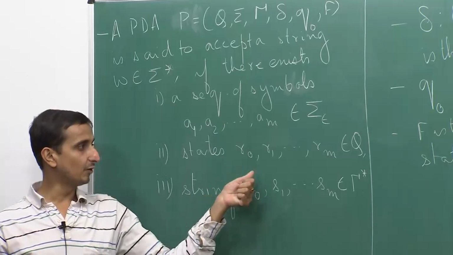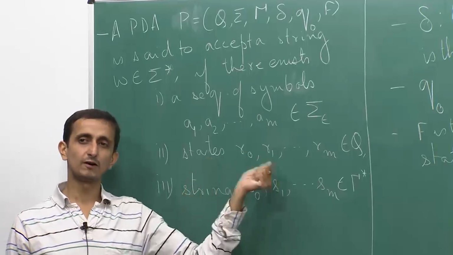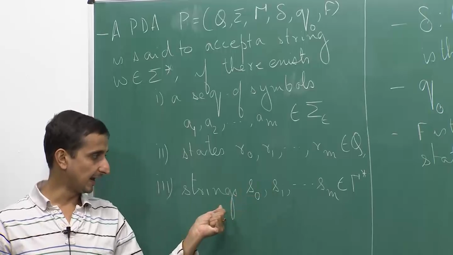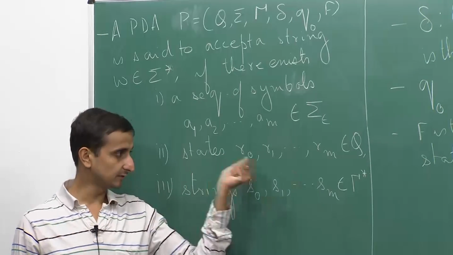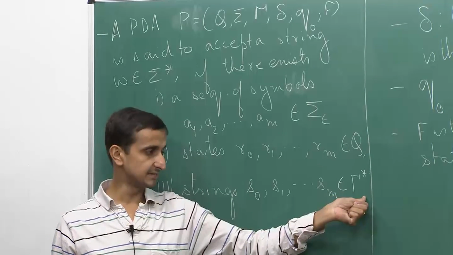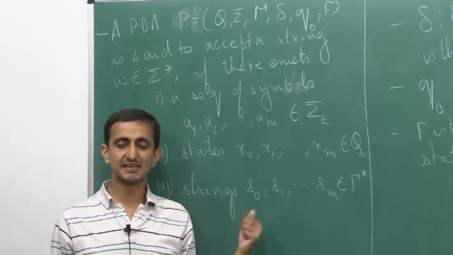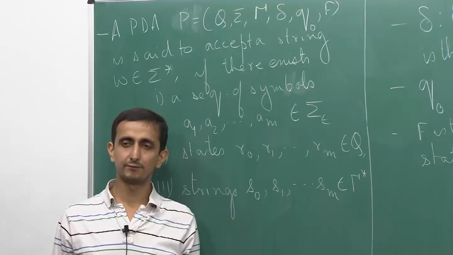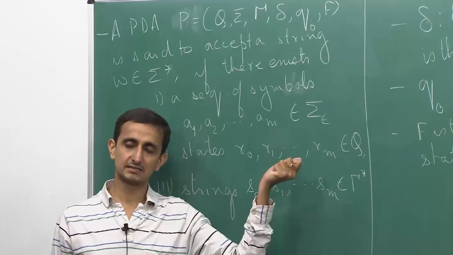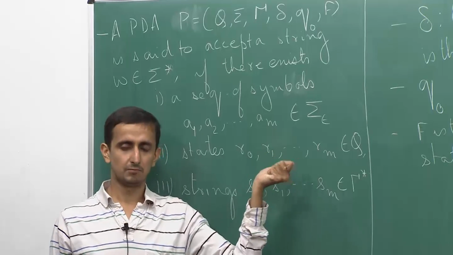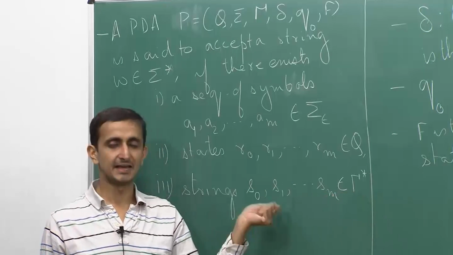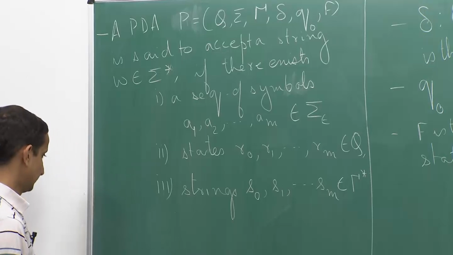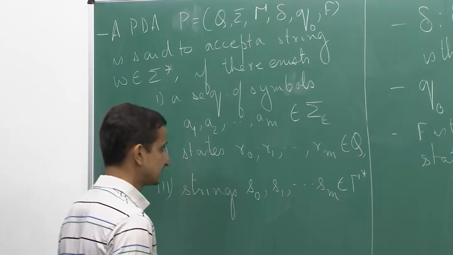At each step it goes from state ri minus 1 to ri, and the contents of the stack, from top to bottom, is si.